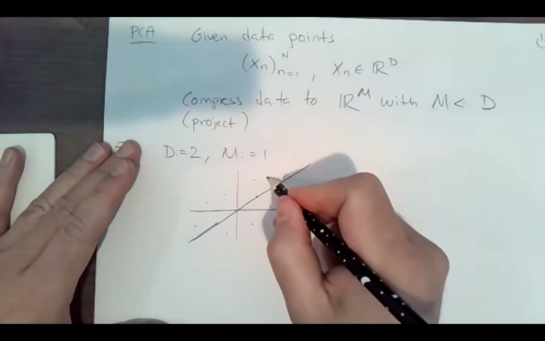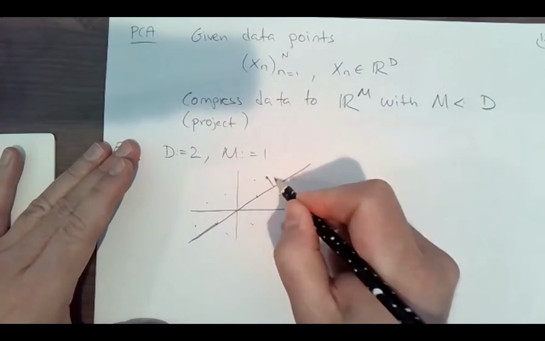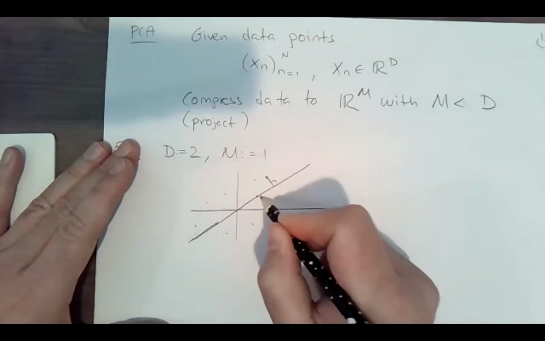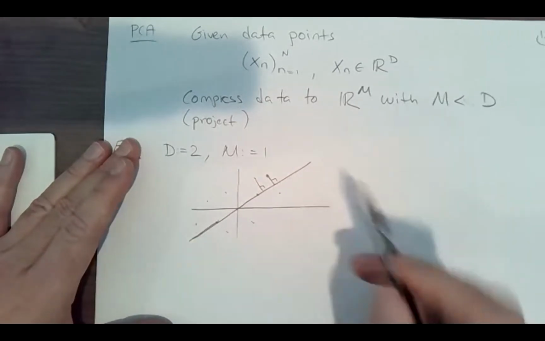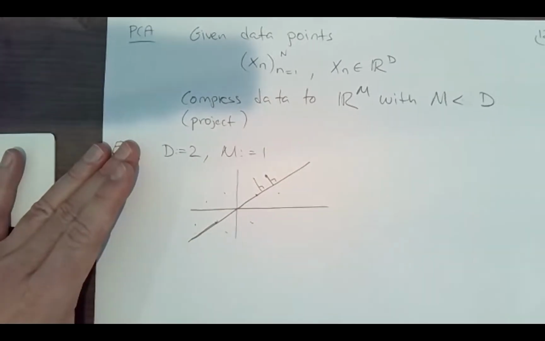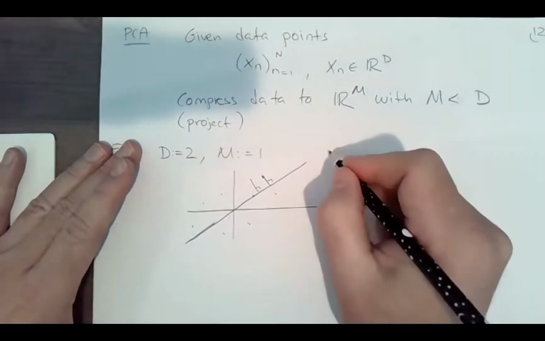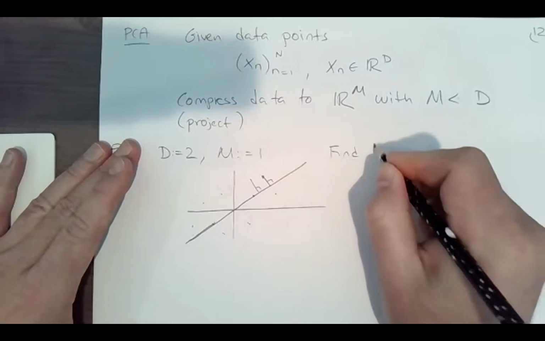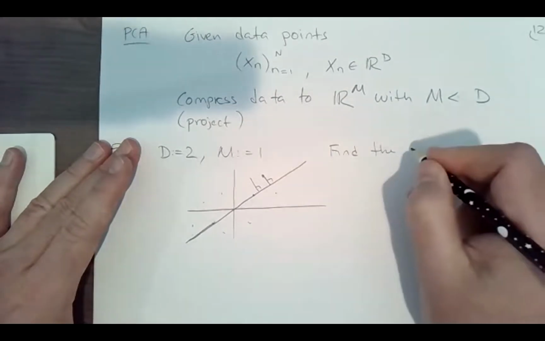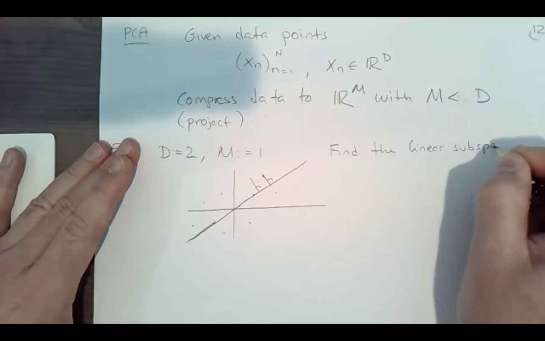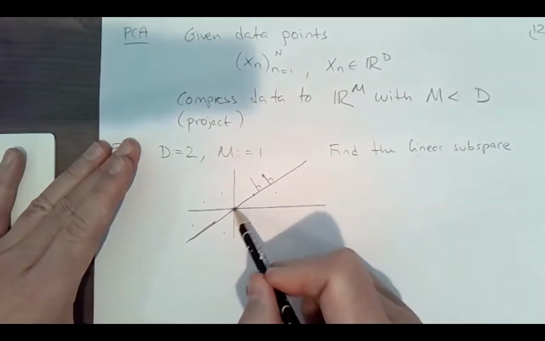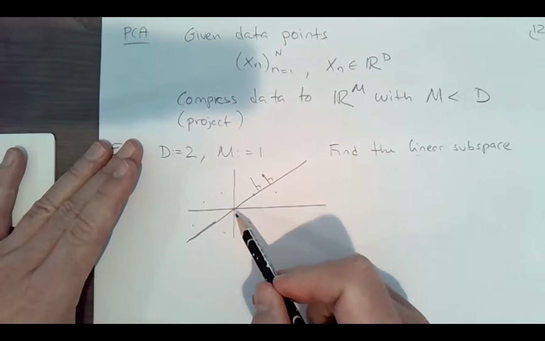One thing we could try is to compute the distance to all these points, minimize it, and put a straight line in there. So find the linear subspace. Remember, linear means it goes through 0 here.